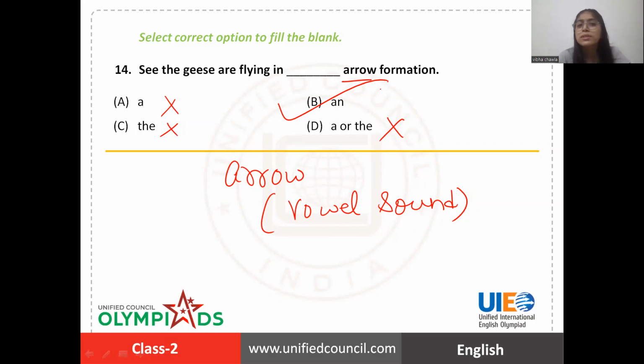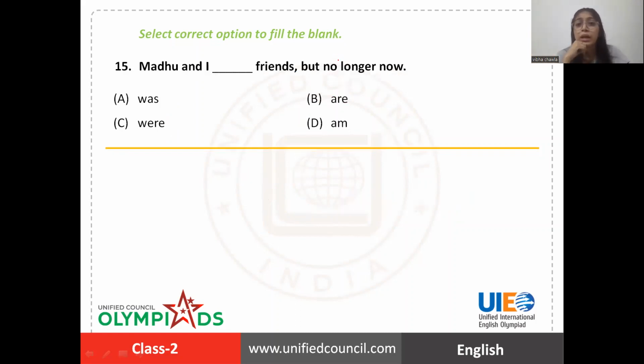You don't need to go by the letter alone, because the main focus should be on sound. Try to pronounce the word. If the first syllable of the word has a vowel sound, you have to use the article an. If it produces a consonant sound, you have to use the article a. An arrow.